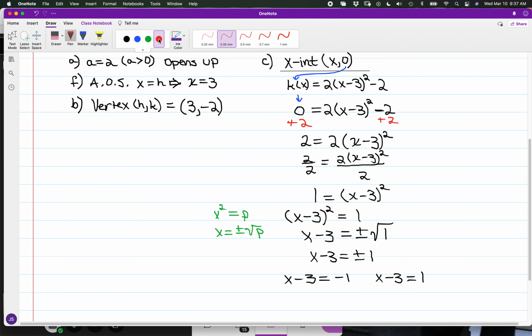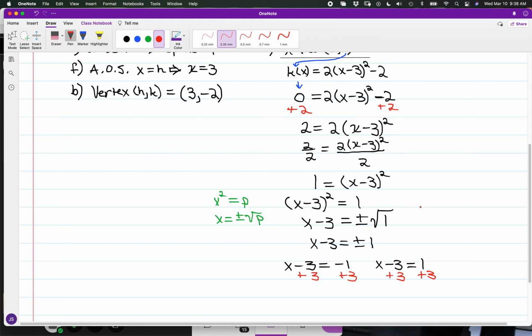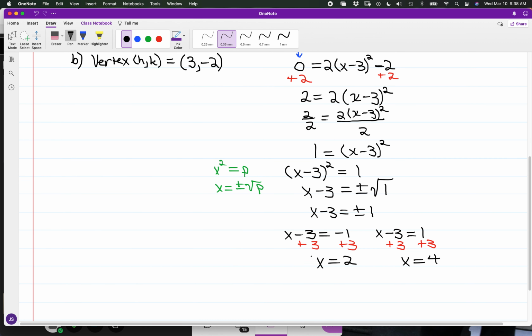Looking at solving for x in both of these equations, if we add 3 to both sides, for x minus 3 is equal to negative 1, we have that x is equal to 2. As for x minus 3 is equal to 1, we're going to have that x is equal to 4. And so we're going to have a couple of x-intercepts.